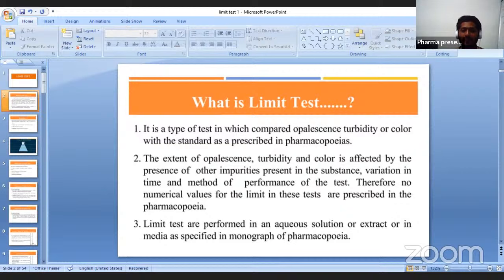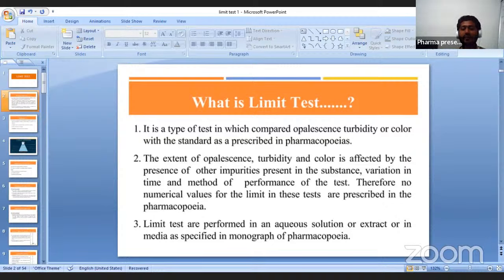Due to this, you get turbidity and opalescence. The more sodium chloride content, the more chloride there is, and the more opalescence or turbidity appears. So that is the reaction: silver nitrate gets converted into silver chloride when chloride is present, and this silver chloride is responsible for creating the turbidity. Higher the chloride, more the turbidity.